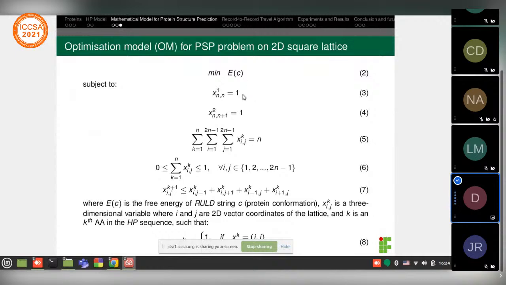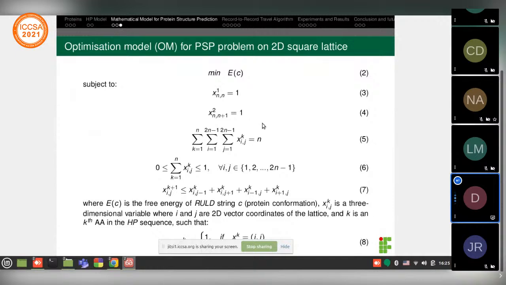Equation 3 fixes the first amino acid of the HP string in the center of the lattice. Equation 4 fixes the second amino acid at position n plus 1. So we consider n vertical and n plus 1 horizontal on the lattice.